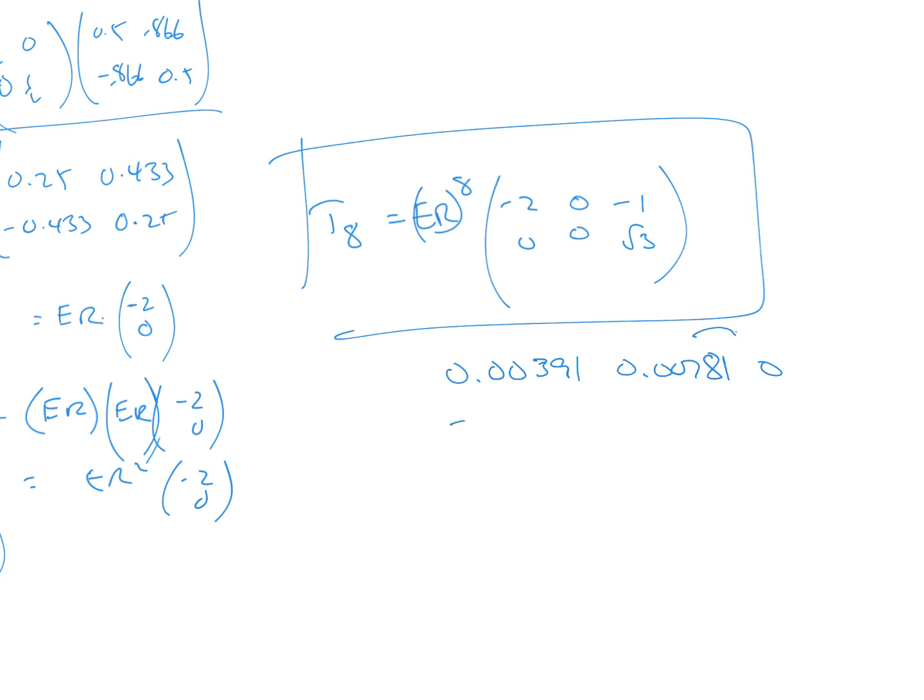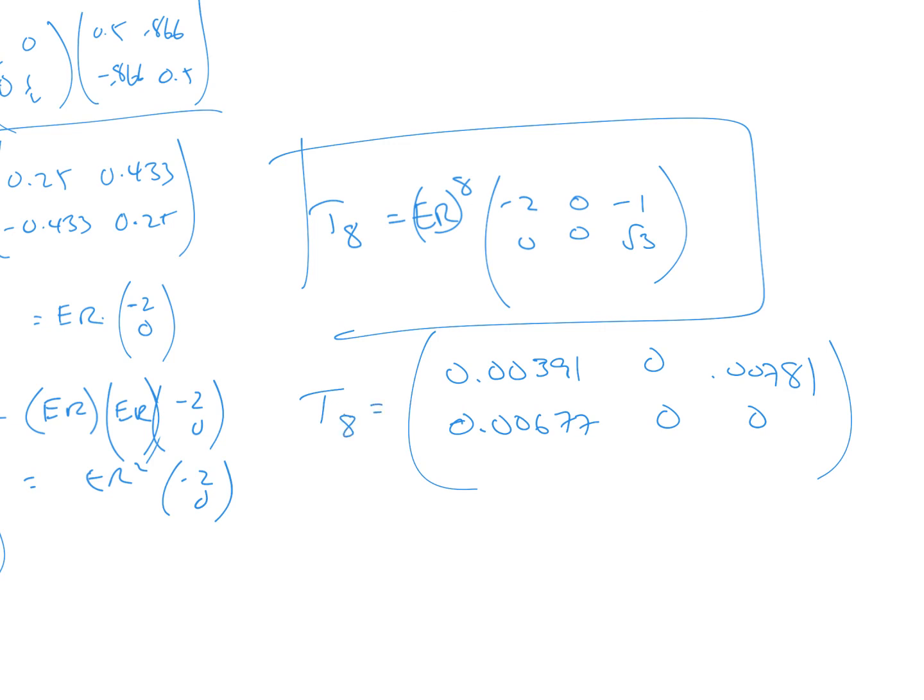And I get 0.00677 and 0. And I have to make sure that I switch these two around. So this was 0, and this was 0.00781. And so that's what the vertices for T8 will be, using the idea that I can multiply ER 8 times each of the vertices.